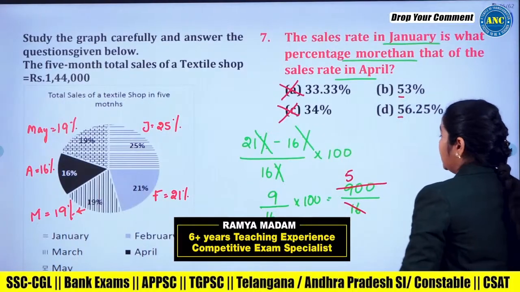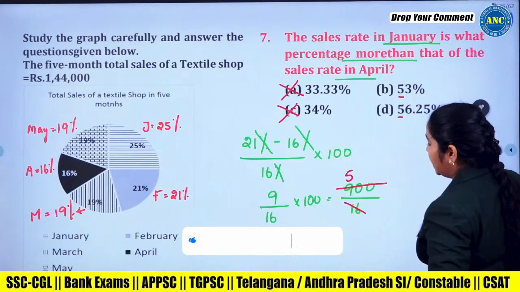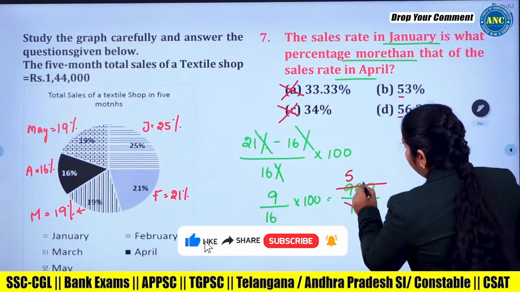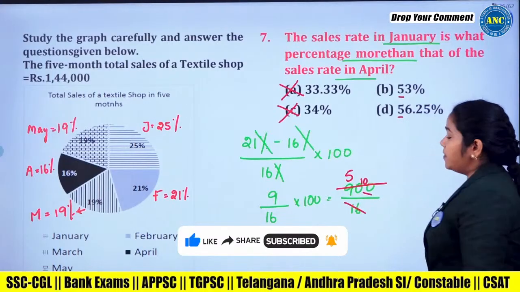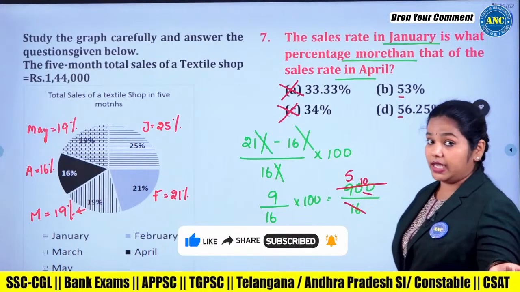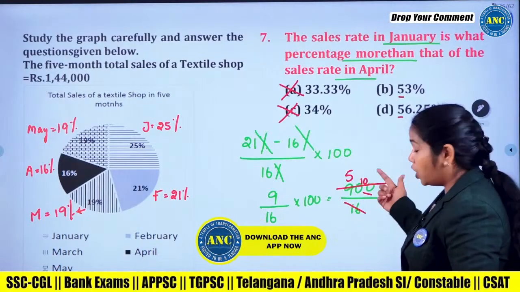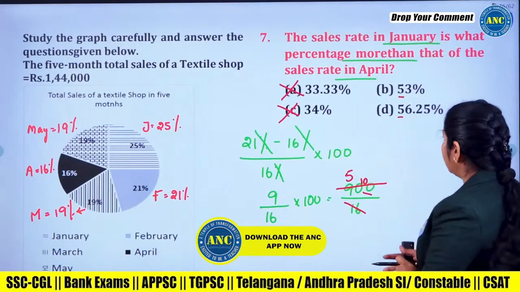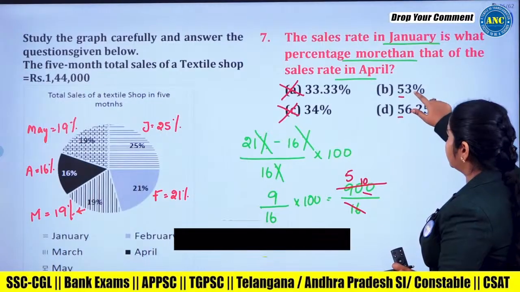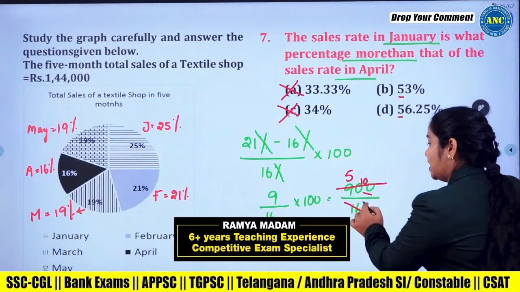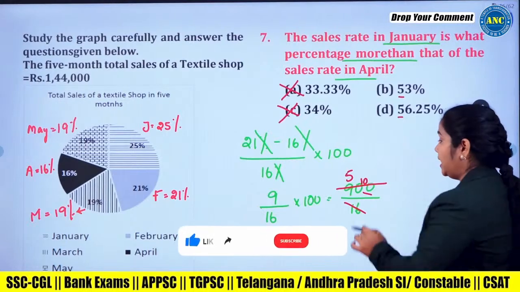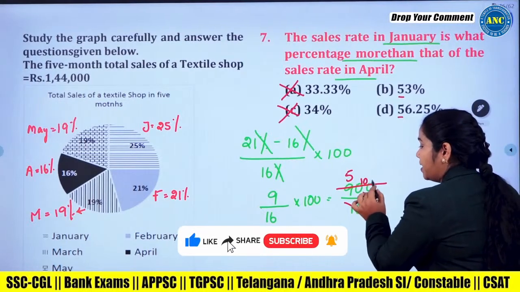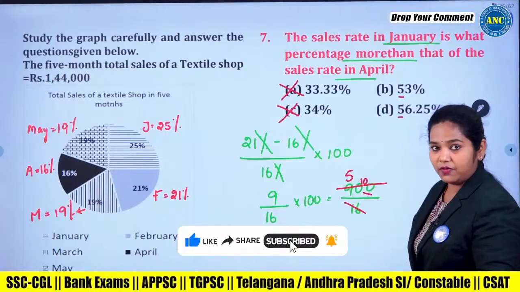Next, if this 16 5s are 80, how much is remaining? 10 is remaining, so this is 100, right? Here also you need not do any calculation, you can observe. See the second digit, here it is 3, here is 6. 16 5s are already 80, so obviously any value which we have to take for 100 will be after 16 5 only, no?